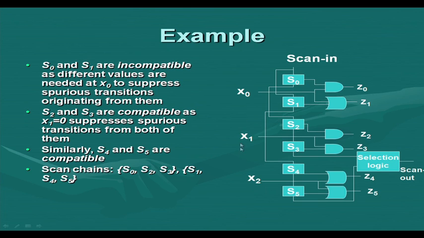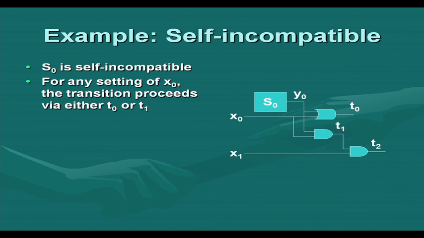So, I can set X0 and X2 to some value, so that spurious transitions do not go. So, there is no conflict in the setting of X0, X1 and X2. So, from a power minimization point of view, we can do this type of grouping. Though for your scan chain, the interconnect length requirement may require this scan stitching in a different order.